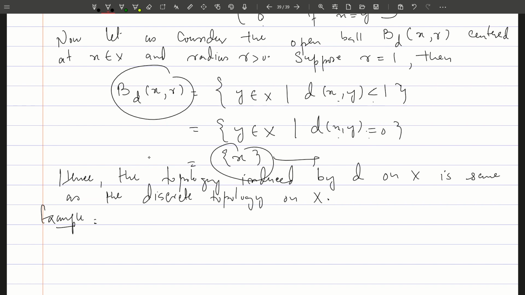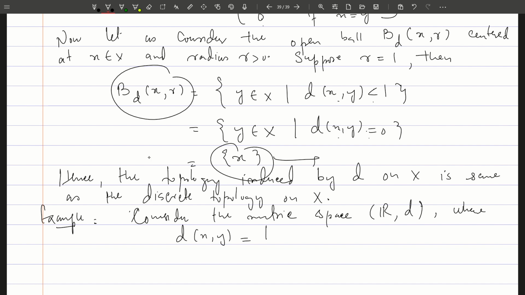Now we have one more example. Consider the metric space (X, d), not (X, d) discrete. Let us take this X to be the real line, say R, and this d to be the standard metric, I mean the usual metric, where the distance between x and y is the absolute value of x minus y.